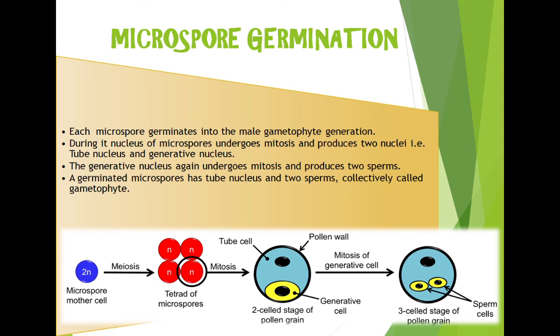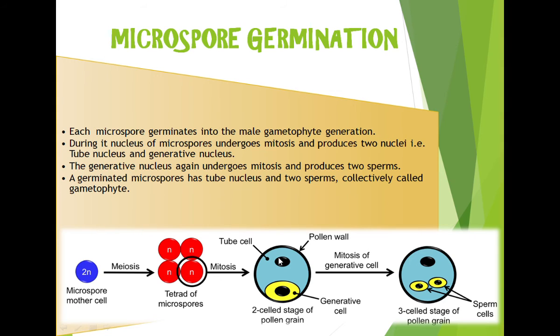A germinated microspore has a long tube nucleus and two sperms, collectively called gametophyte. अच्छा, अब हम डायग्राम में देखते हैं कि this is the microspore mother cell which is diploid, undergoes meiosis and produces microspores, which are the pollen grains. These microspores then undergo mitosis और इस mitosis से दो nuclei बनते हैं.